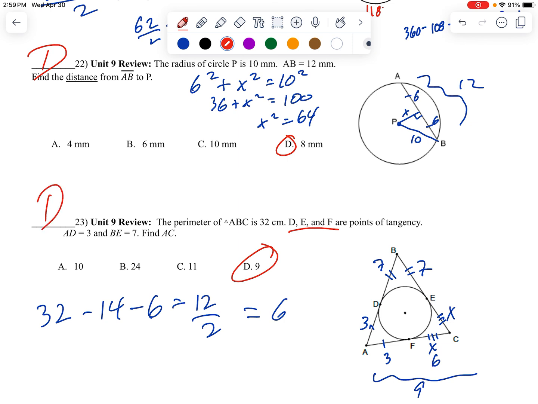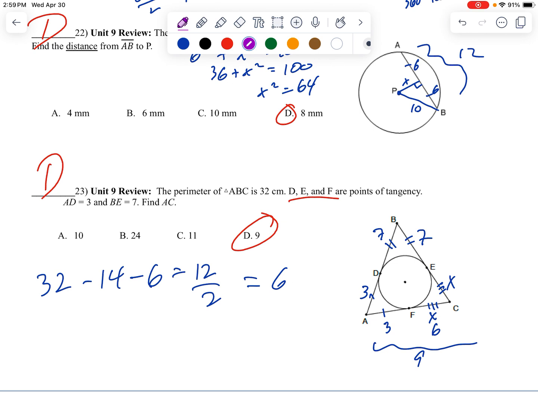Another method would be 3 plus 3 plus 7 plus 7 plus X plus X has to equal 32, and then solve for X like that. Either way, you're going to get 6 for your X value, and then it asks for AC, and AC is this whole side, so it has to be 9. All right?